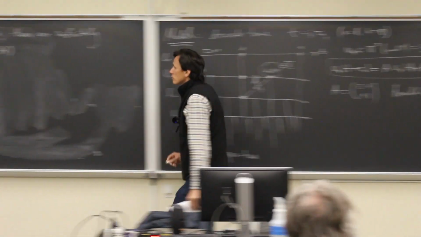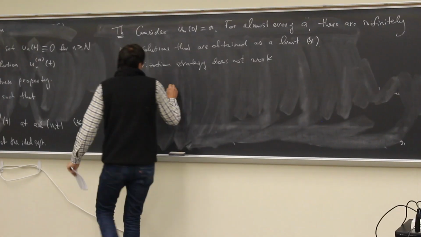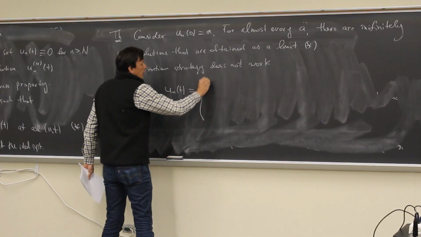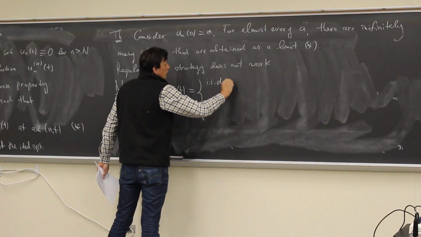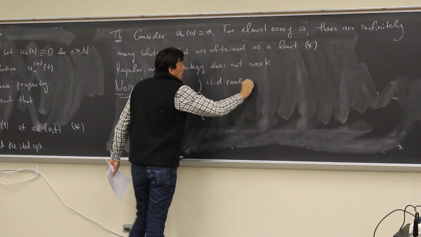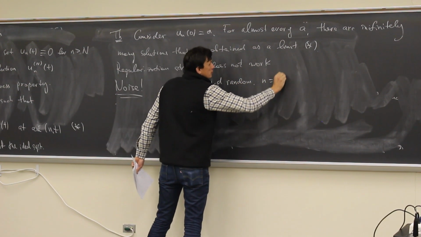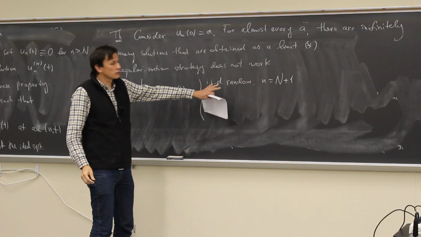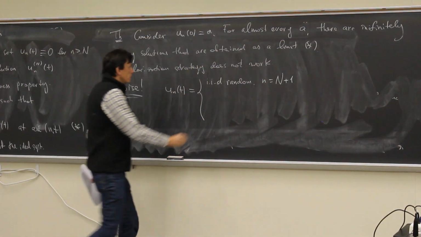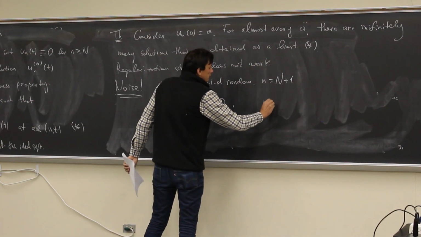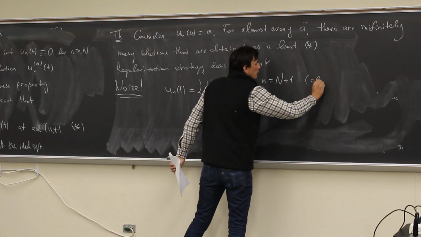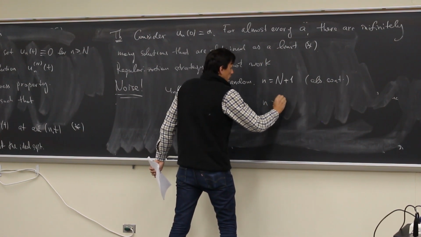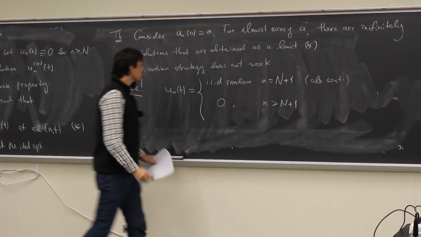So noise means, we will take regularization where u_n of t is IID random when n is just below the cutoff. It's IID random and absolutely continuous. I'm just not writing it. And when n is bigger than n plus 1, it is 0.